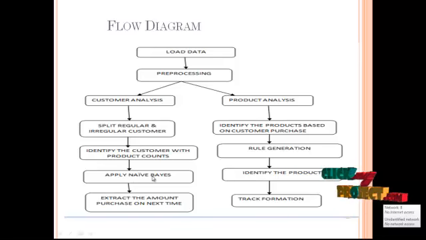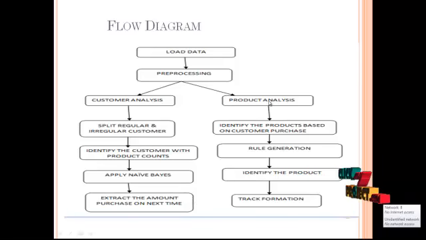With naive-Bayes, we extract the amount they will purchase next month, how much money they will spend, the maximum and minimum money, the accurate amount that can be spent, and how many products they will purchase next time or in the next transaction.